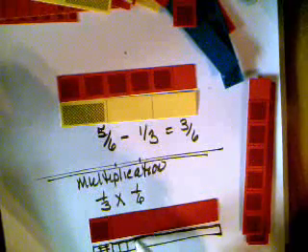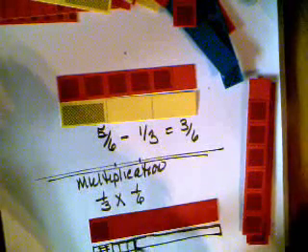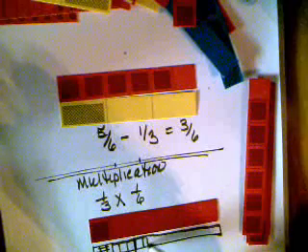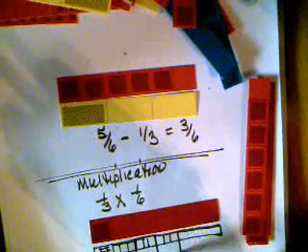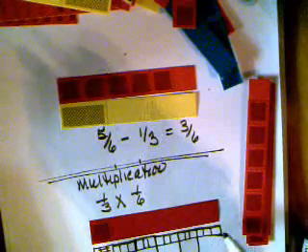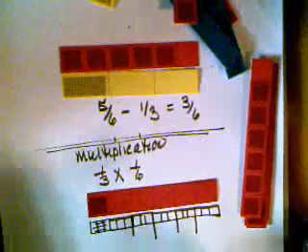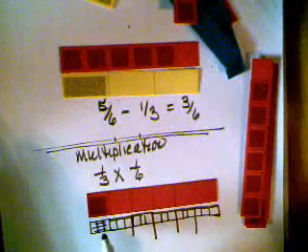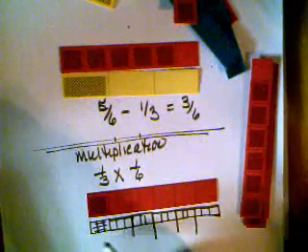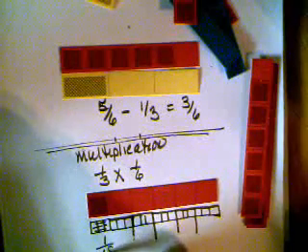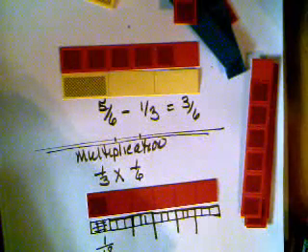So if I divide each of these 6 into thirds, then I'm going to have 18 of them in all, and I only want 1/18.